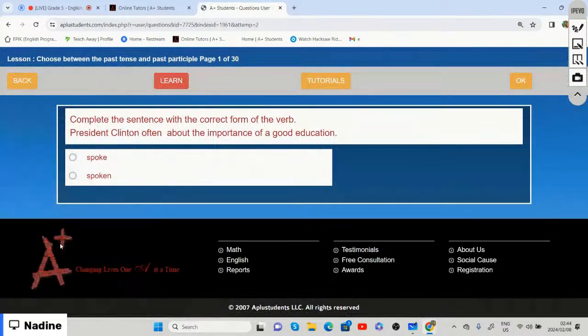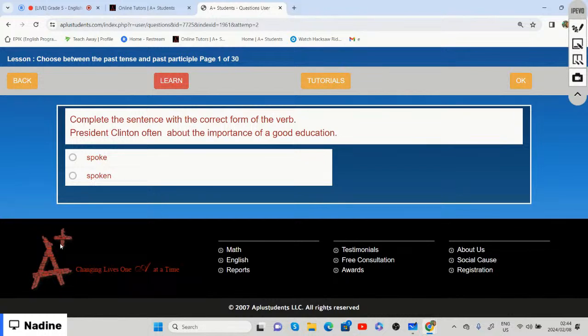So we're going to complete the sentence with the correct form of the verb.